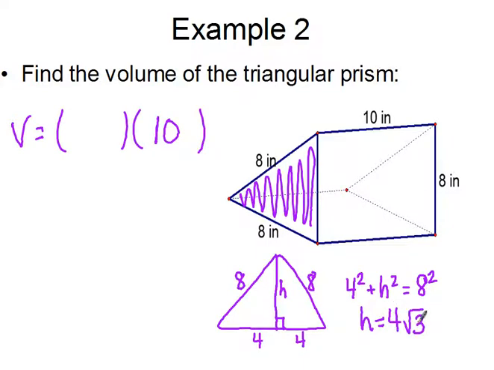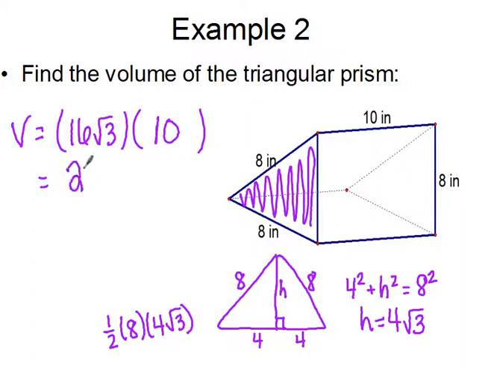So to find the area of the triangle, you would do 1/2 times the base, which is 8, times the height of 4 root 3. So 1/2 times 8 times 4 root 3, we get 16 square root 3. Then we multiply by 10 and we get 277.1 inches cubed. Okay? Find the area of your base, multiply by the height.